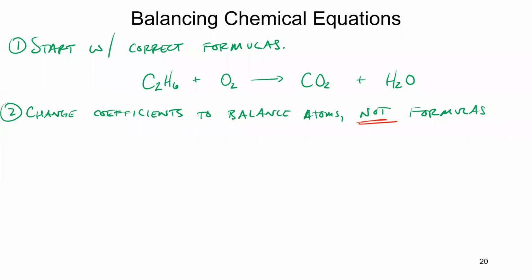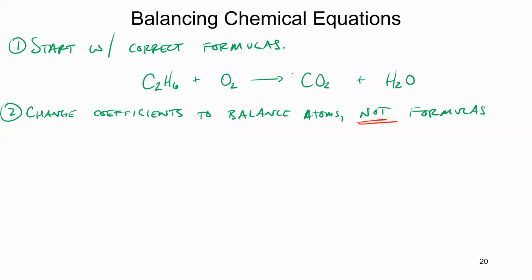And so for this particular reaction, I've got 2 moles of carbon on the left, right? That C2 shows me there's 2 moles. I've only got 1 mole of carbon on the right. So what do I need to do? Put a 2 in front of the carbon. That's right.